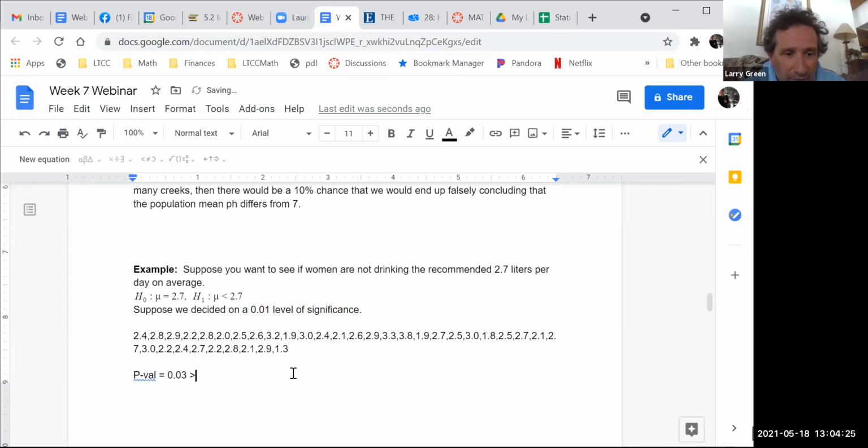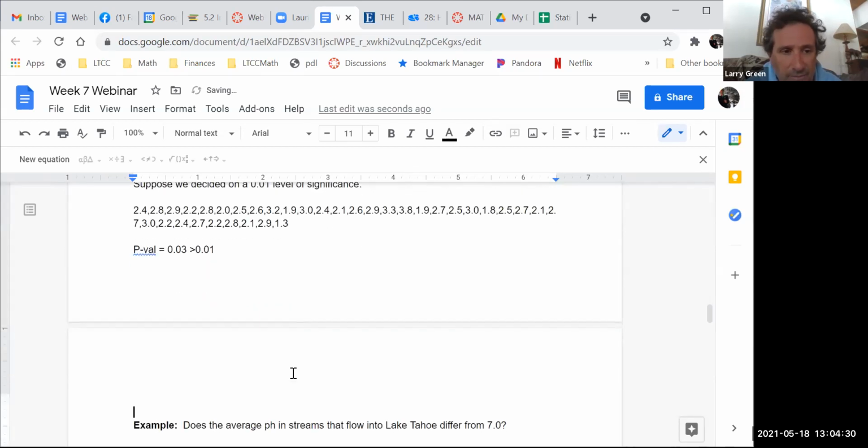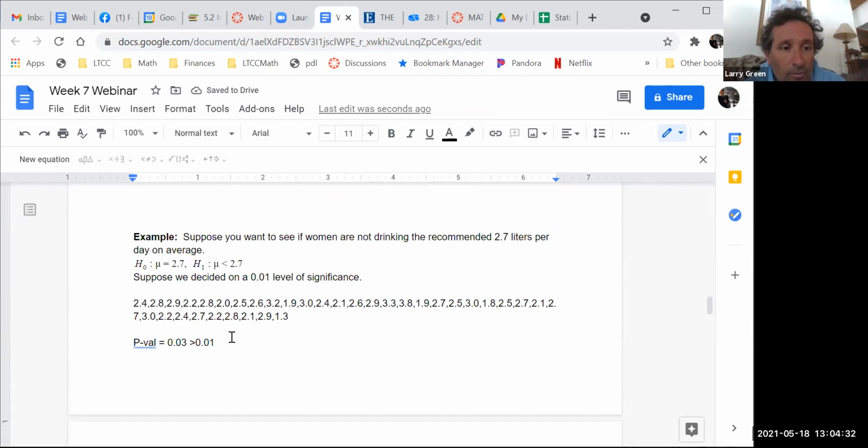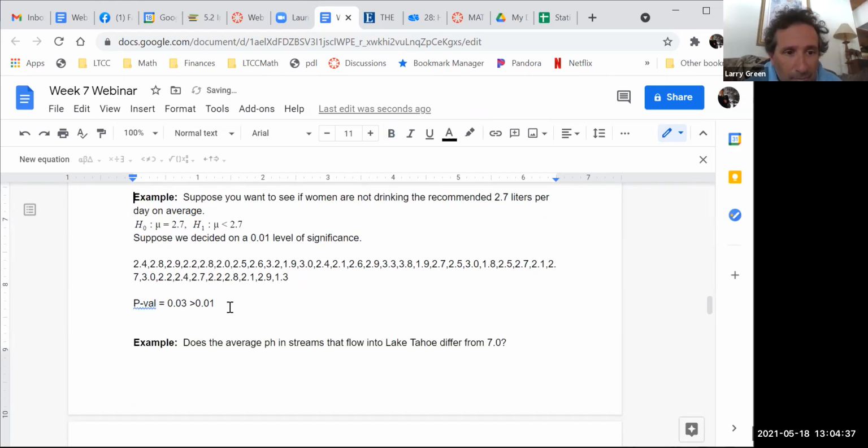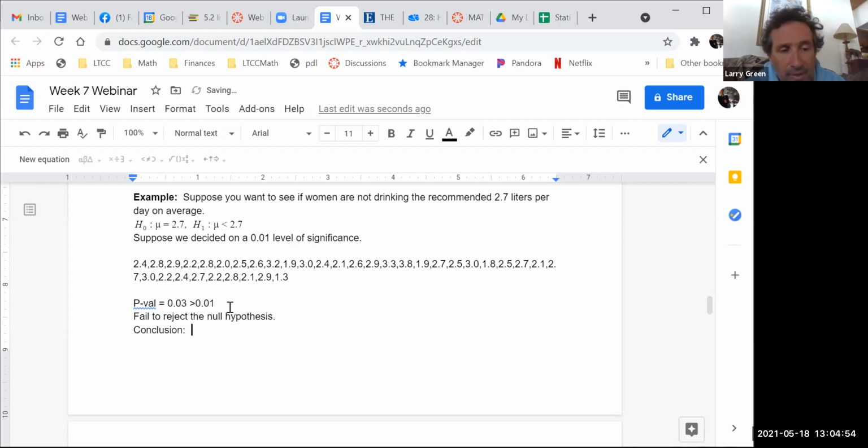Well, 0.03 is greater than 0.01. And because of that, we fail to reject the null hypothesis. So the conclusion is very similar to the other. Before we had statistically significant evidence.